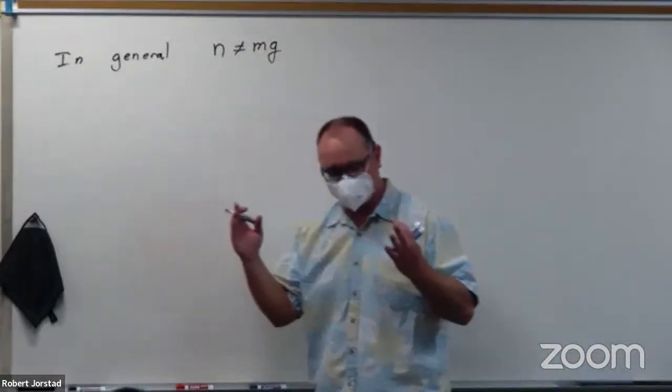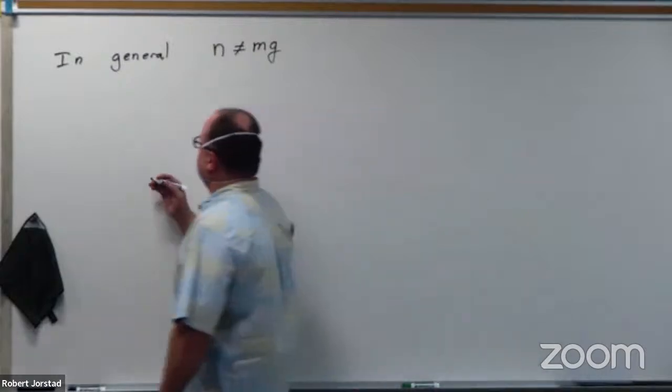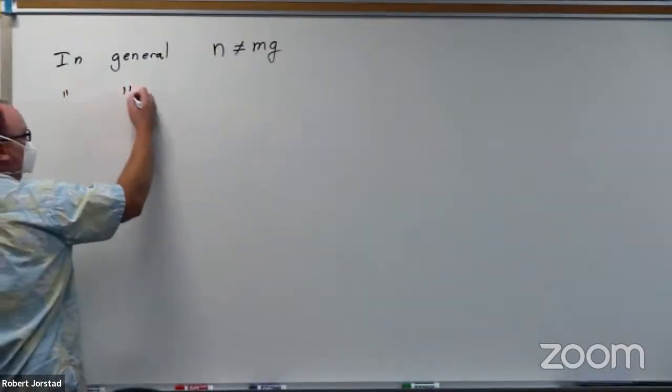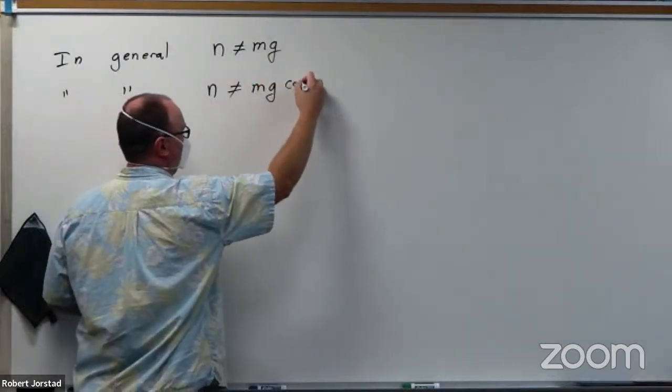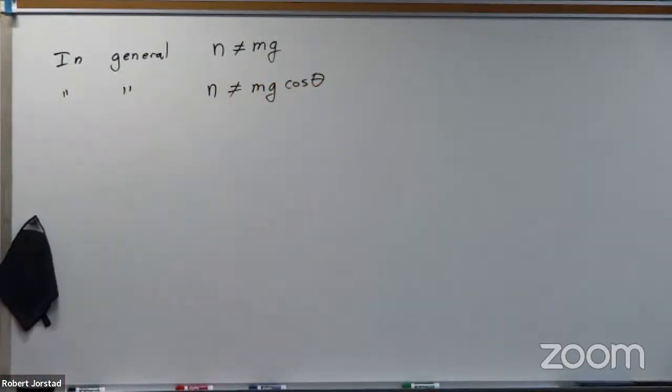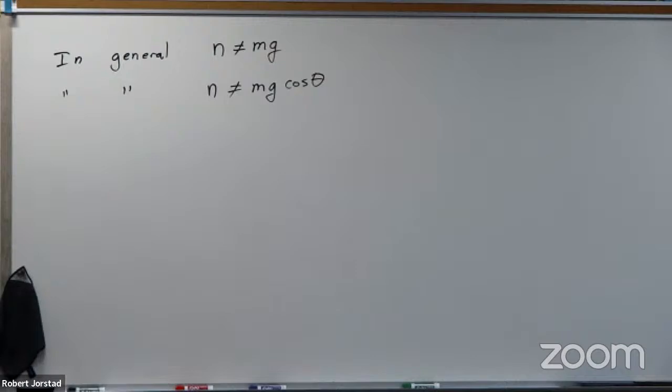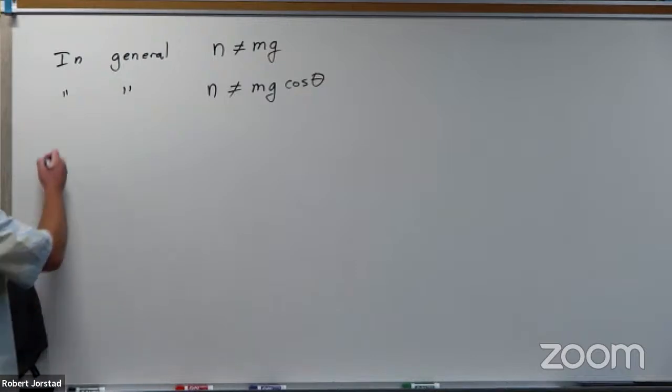Sometimes that's true. In general, N is not equal to mg cosine theta. That's not always true either. Students that have drawn an inclined plane problem do this and they're like, oh, N is just either mg or mg cosine. Not necessarily.